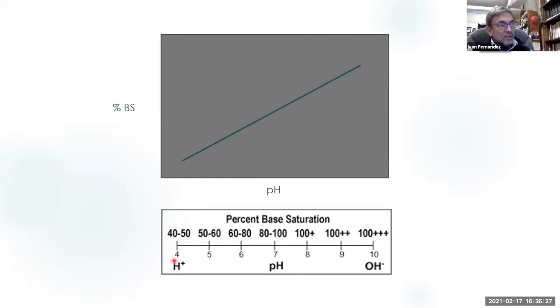And so we see that from pH 4 to pH 7, we go from about 40% dominated by base cations to 100% at pH 7, and we just keep going up from there.